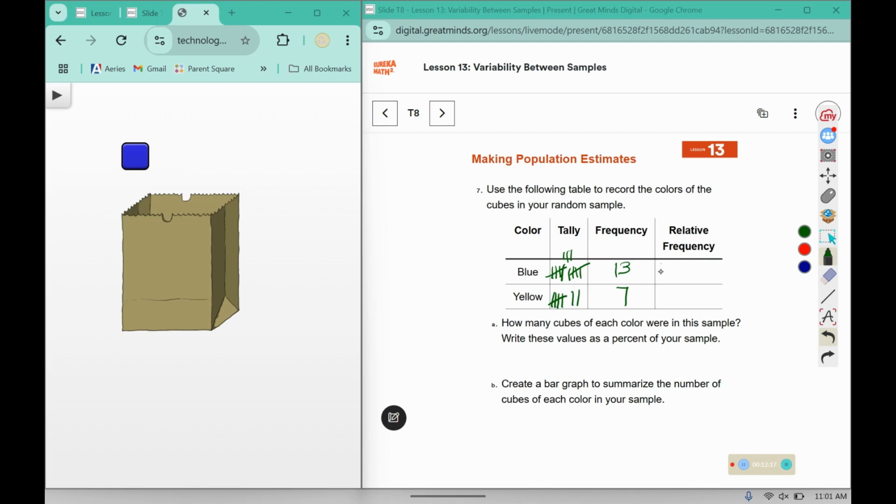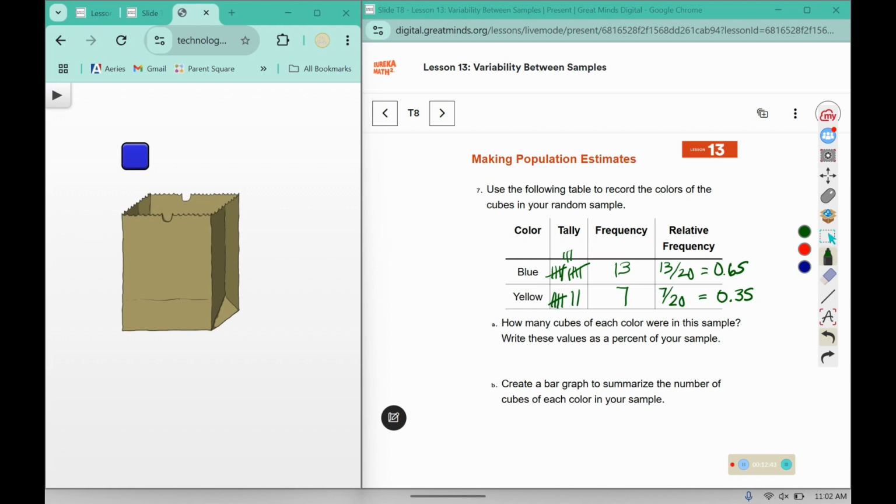For the relative frequency, we do 13 out of 20 total and 7 out of 20. And then we're going to convert those to decimals. So we have 13 divided by 20 gives us a decimal 0.65. And 7 divided by 20 is 0.35.